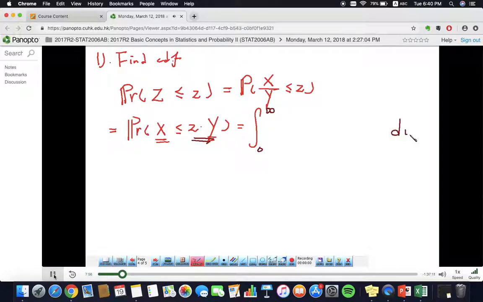So we integrate Y at the outer shell. And for the inner shell, we integrate from 0 up to zy, against the joint density function, f_X and f_Y dx. This is the way to find the PDF.